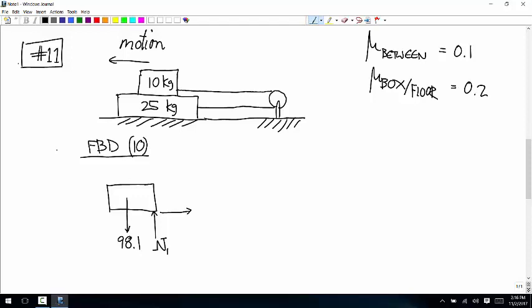So the friction that acts on the 10 kilogram box, is that the friction between the boxes or the friction between the box and the floor? Boxes, yes. So this would be 0.1 times that pushing contact between them, which is N1.